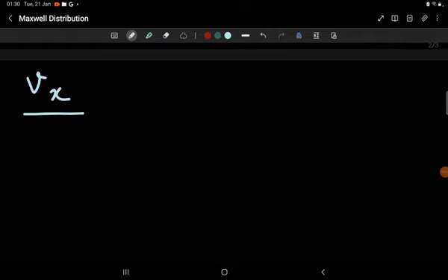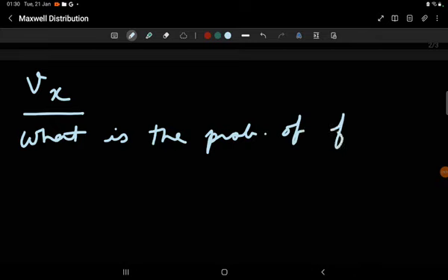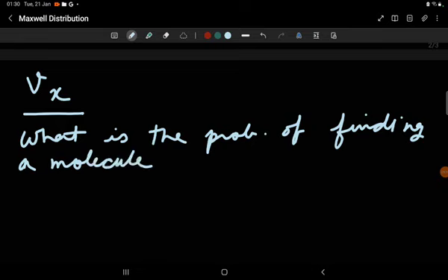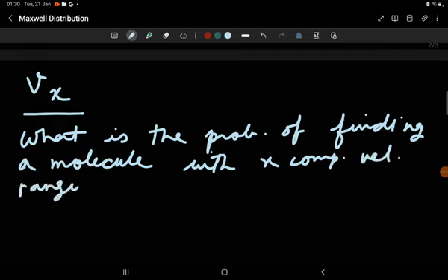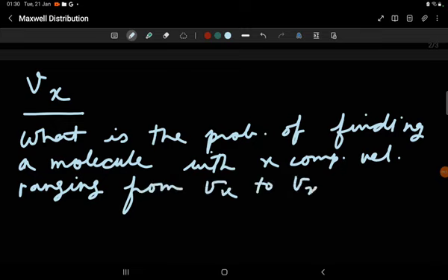And again we ask the same question: what is the probability of finding a molecule with x component velocity ranging from Vx to Vx plus dVx?